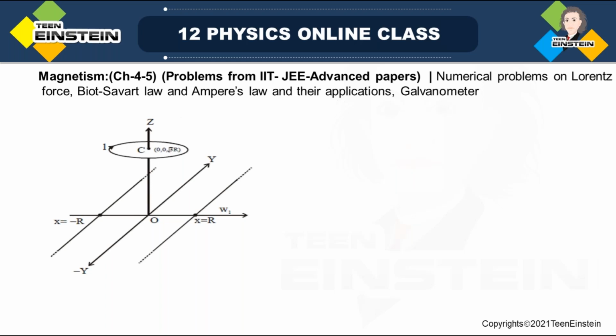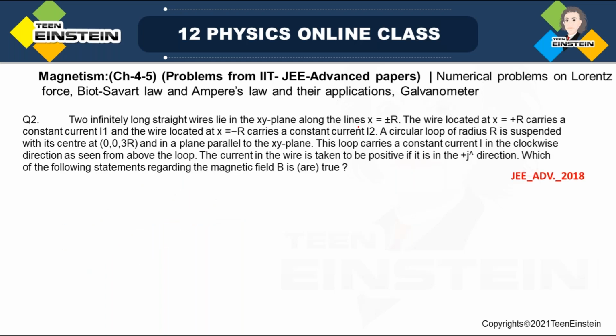Okay, I'll tell you the statements. The first statement is saying that if I1 equal to I2, then B cannot be equal to 0.